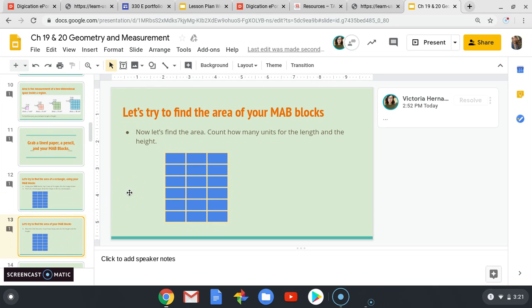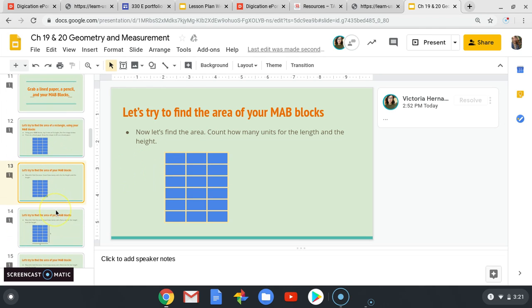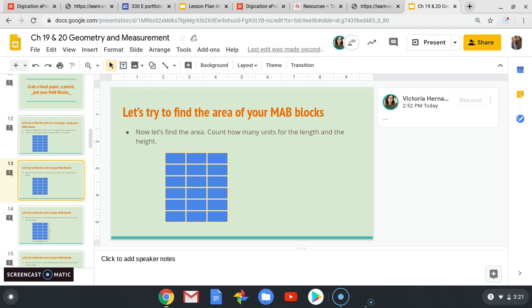Now let's find the area. How I would solve this is to count the top. 1, 2, 3, 3 on the top, times, and I would write that on the side, times 1, 2, 3, 4, 5, 6. So 6 times 3 would be 18. 18 centimeters squared.